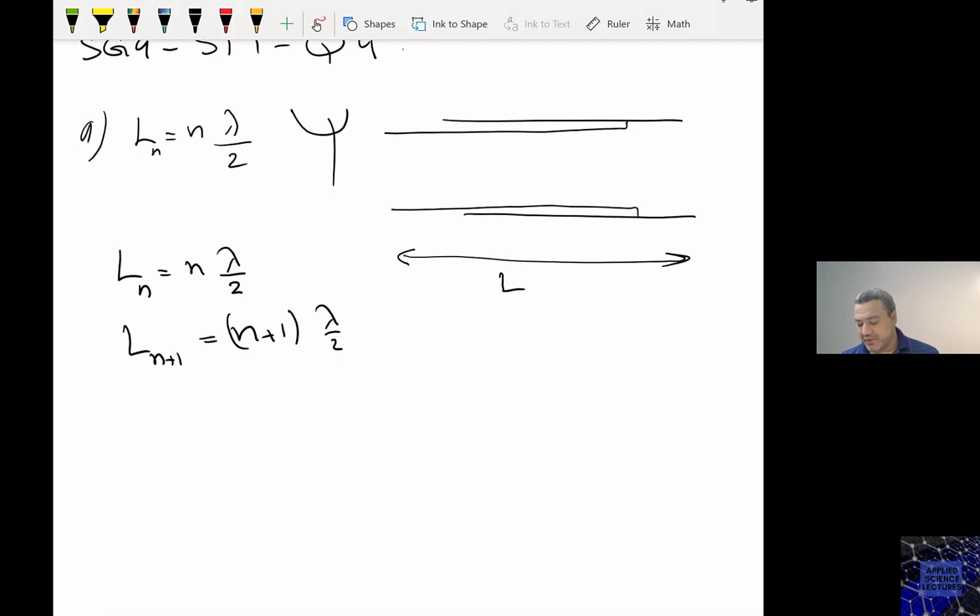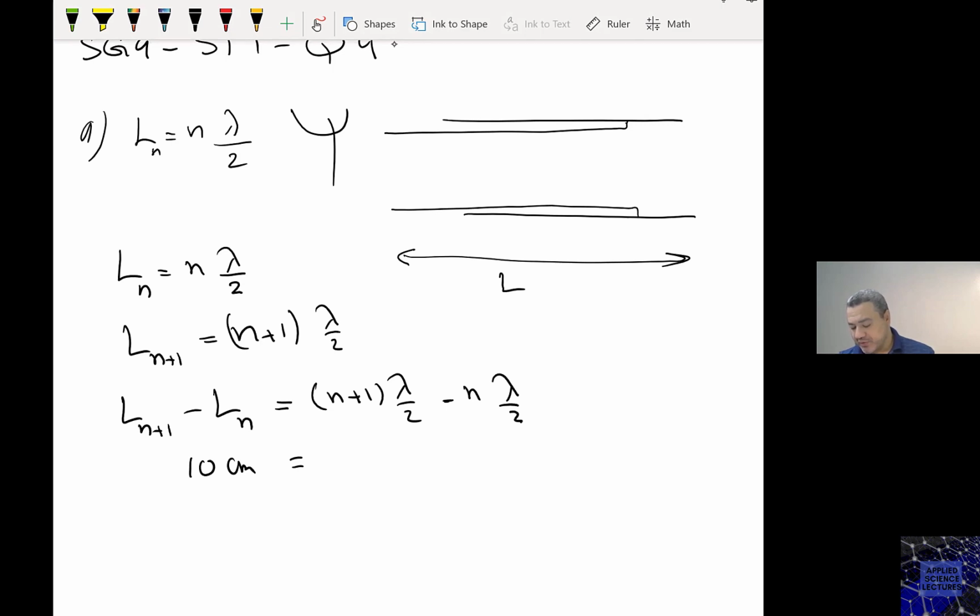So if I take now the difference between those two, then L n plus 1 minus L n, which equals n plus 1 lambda over 2 minus n lambda over 2. I know that this one is 10 centimeters, and this one is, I'll distribute, n lambda over 2 plus lambda over 2 minus n lambda over 2.